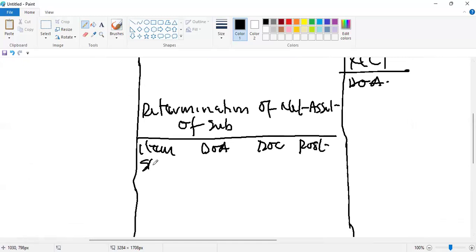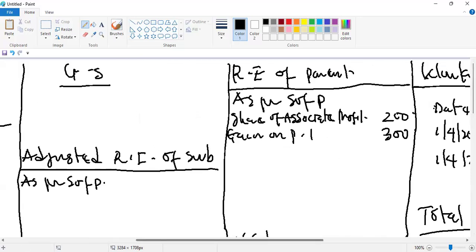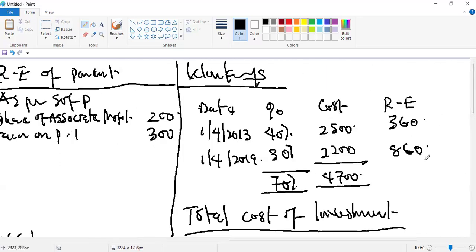What is the share capital? I'll go and check. The subsidiary's share capital is 5,000. The retained earnings at the date of acquisition, he has given me. They used to have control. Let's click. Where do we put it? A60 on 1st April 2019. A60.